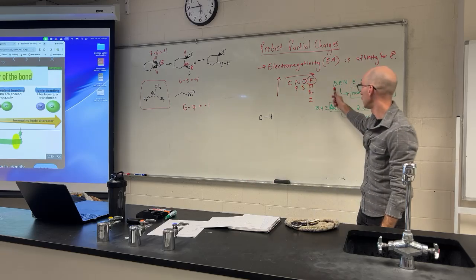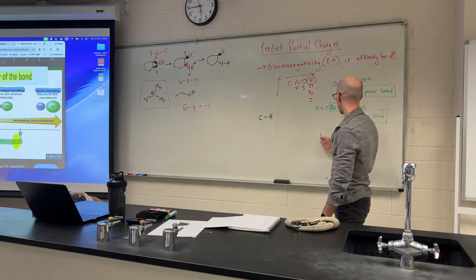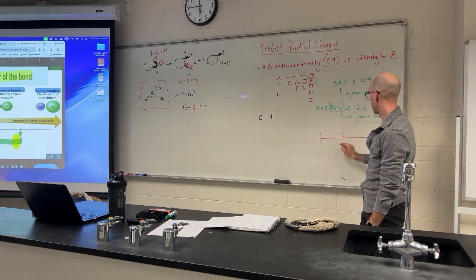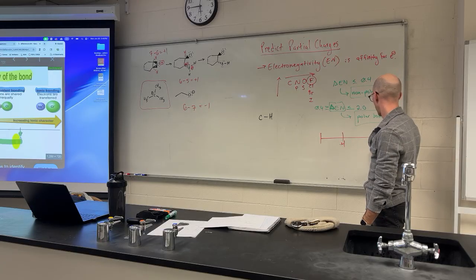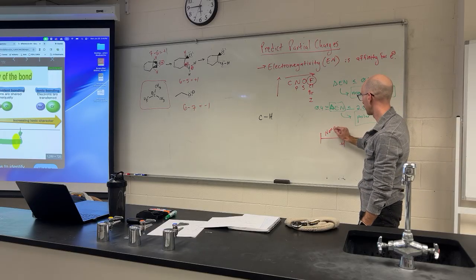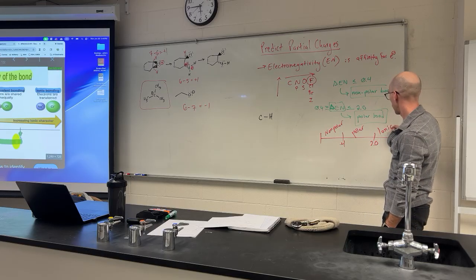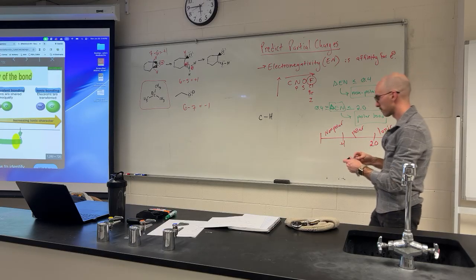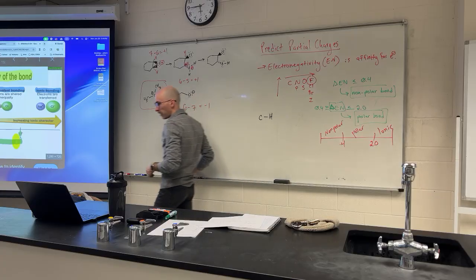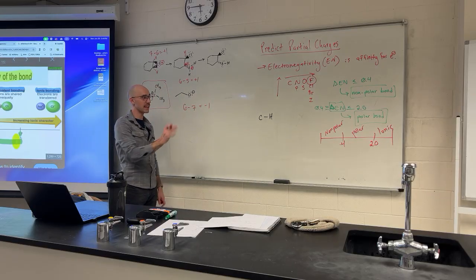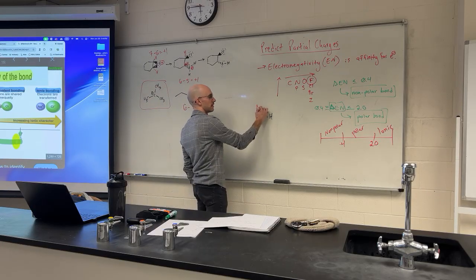According to this rule, and honestly I should have just shown it like this, nonpolar, polar, ionic. If we follow this rule, then we say that the CH bond is nonpolar.